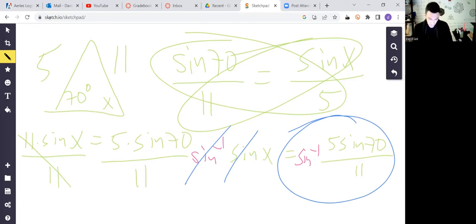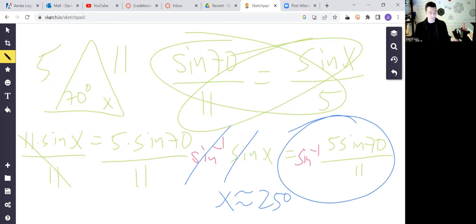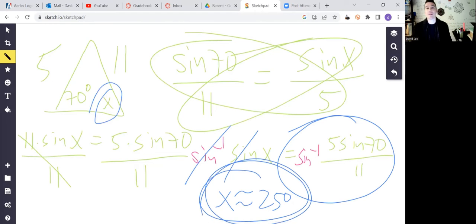Sine inverse of 5 times the sine of 70. Just type it in what you see there while you guys copy. And x is alone, and it's about 25 degrees. So for this problem, we use the law of sines, and the angle x is about 25 degrees.